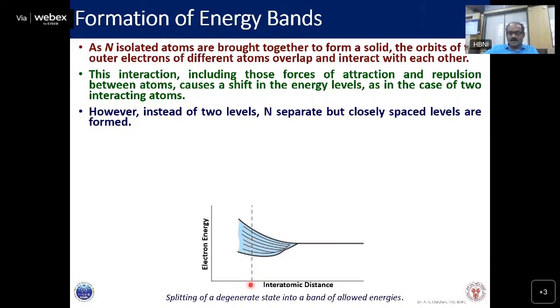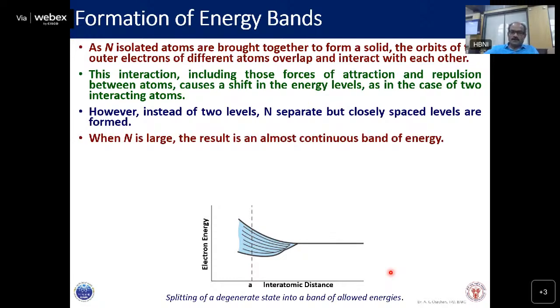Suppose this is a typical interatomic distance where an atom is crystallizing in a cubic structure with a parameter a. In that case you will have so many energy levels in place of the single level.